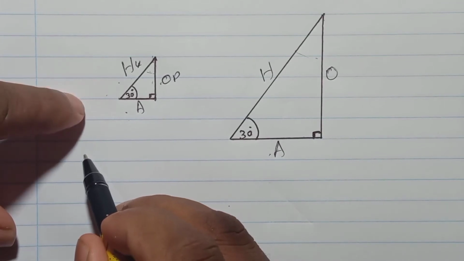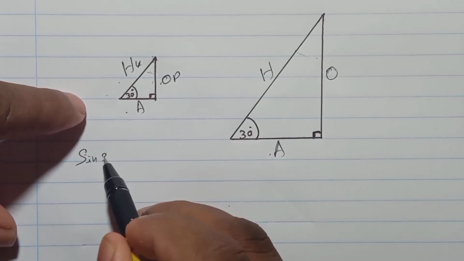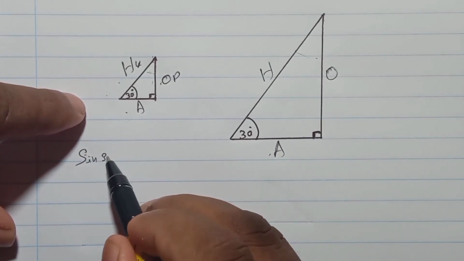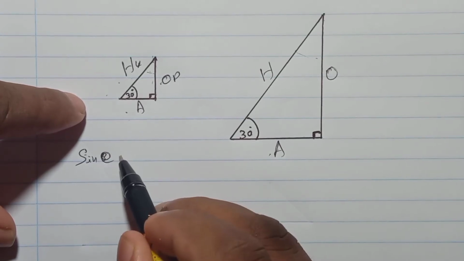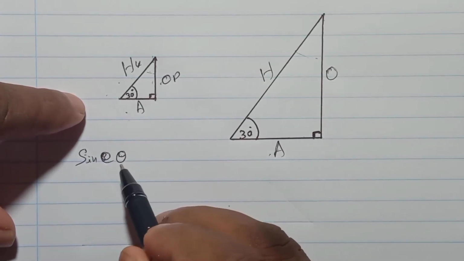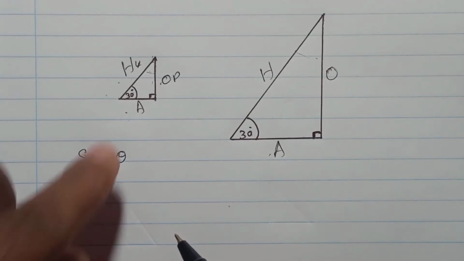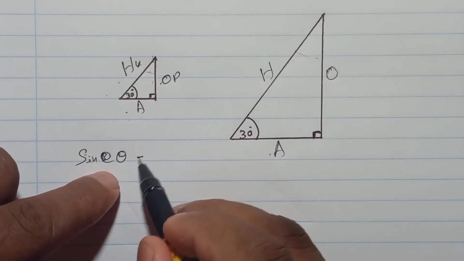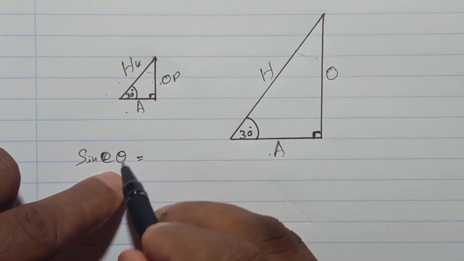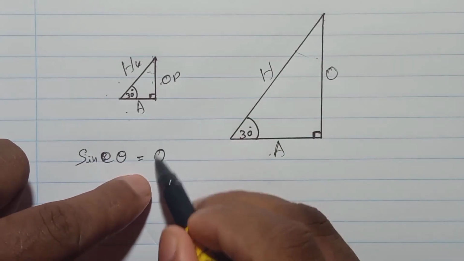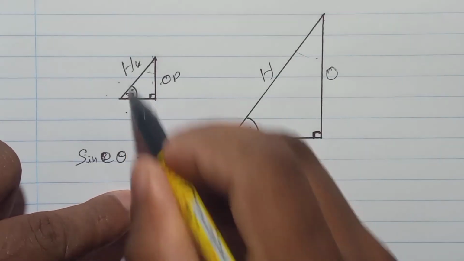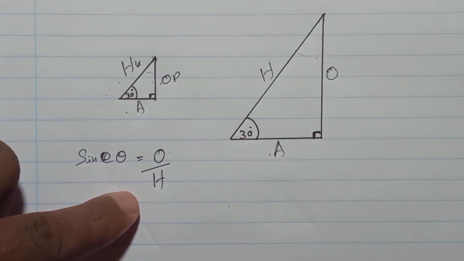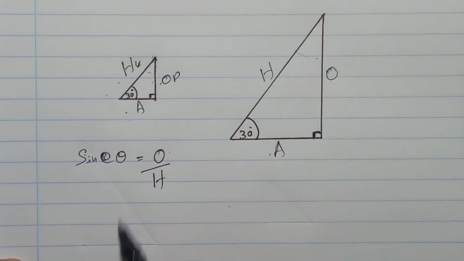Now here I will write sine 30. Okay, now here I could write the sine ratio. I will write sine theta, because for any size of the triangle it doesn't matter. Sine 30 is always sine theta. It will be opposite over hypotenuse, right? Normally we write it this way.